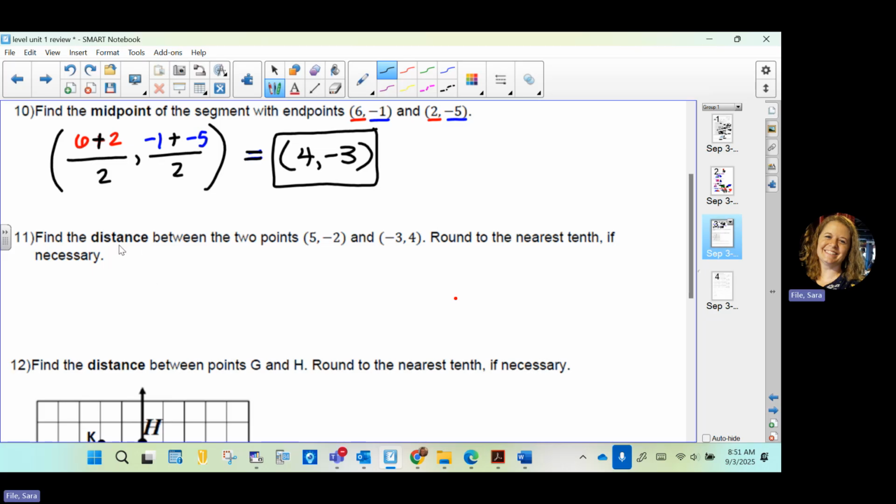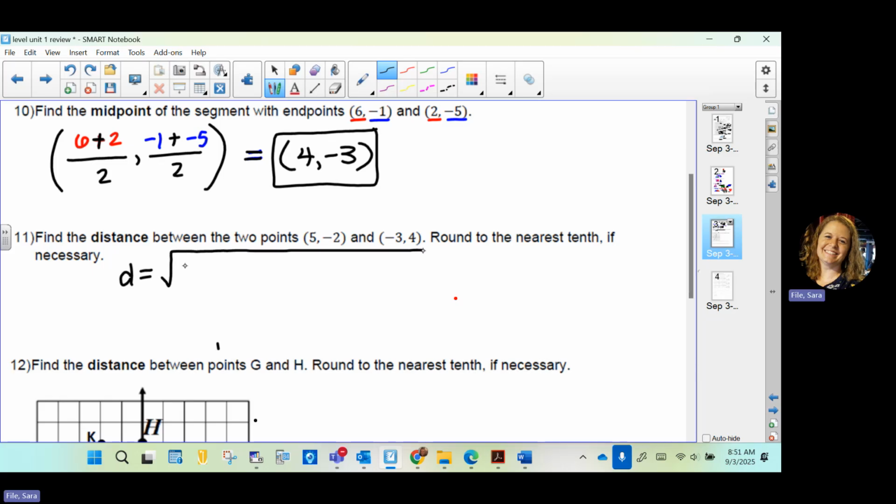Okay, now distance, again, you don't have to memorize the formula. It's also on the formula chart. So you can do the same thing and plug in your x's and y's into the distance formula, or you can plot the points. I'm going to do this one with the formula. So remember the formula.